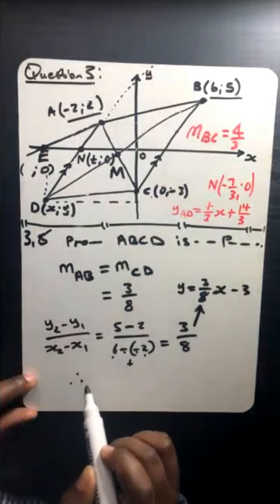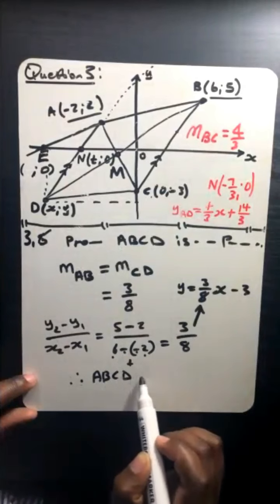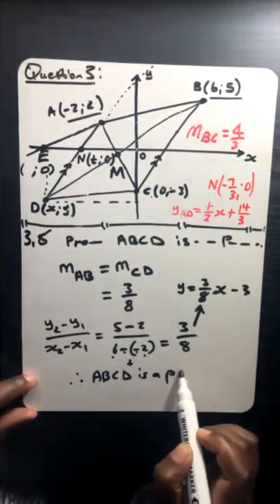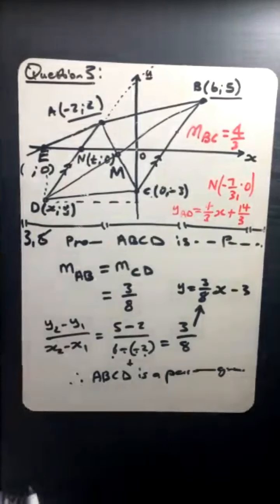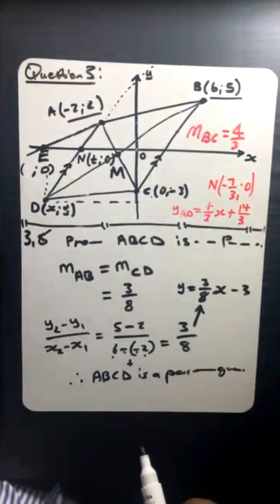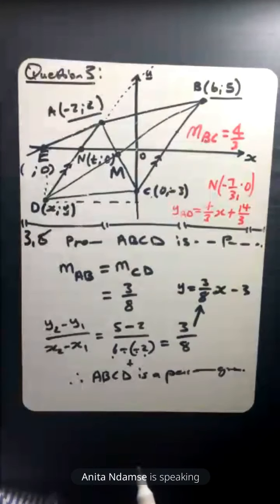Therefore, ABCD is a parallelogram. Make sense, guys? Yes, sir.